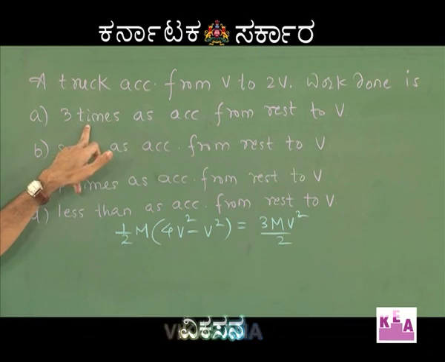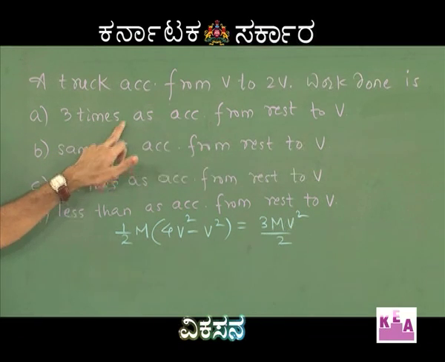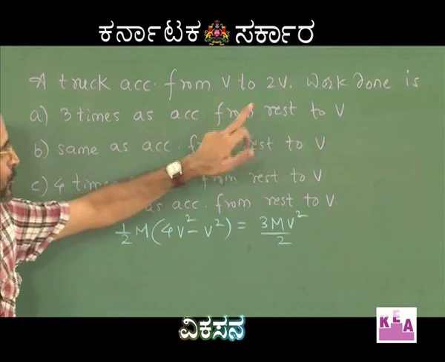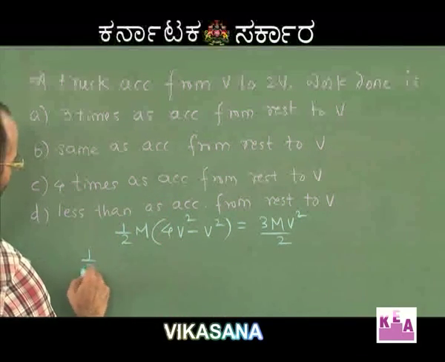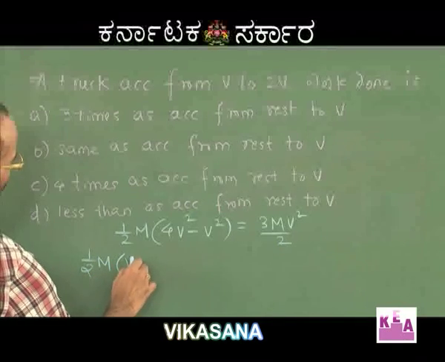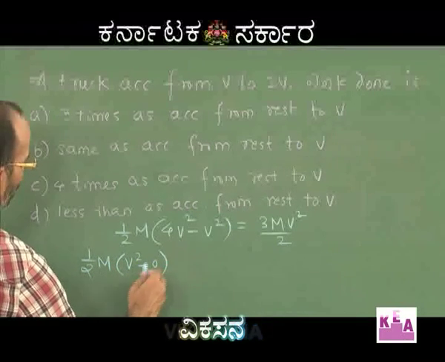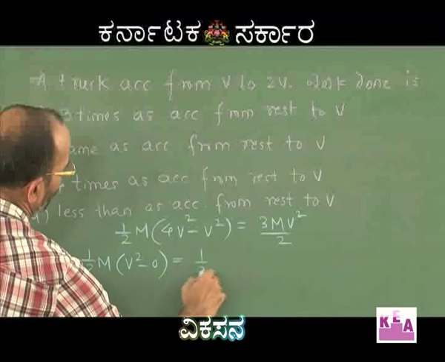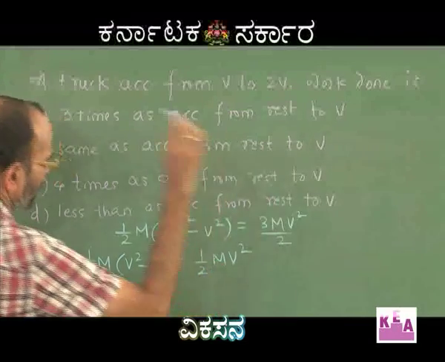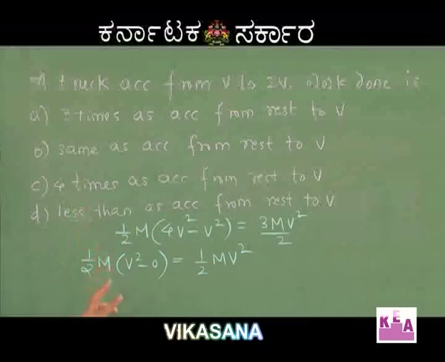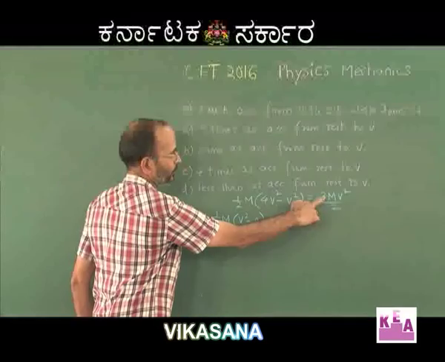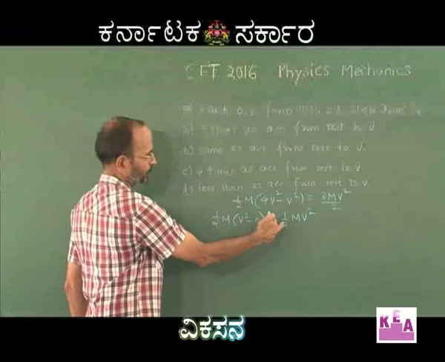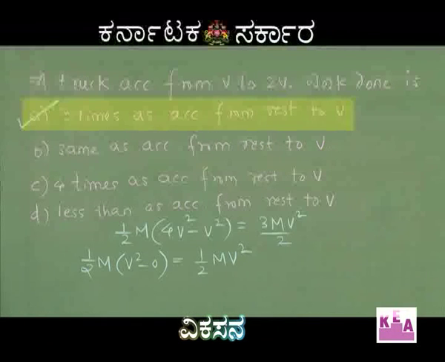Now, if you try to find out how much is the work done in accelerating the same truck from rest to V, you have to again write the change in the kinetic energy, which happens to be half MV square minus 0, which is nothing but half MV square. And if you compare these two, this is exactly 3 times half MV square. This is 3 times this. Therefore, the answer is A option.